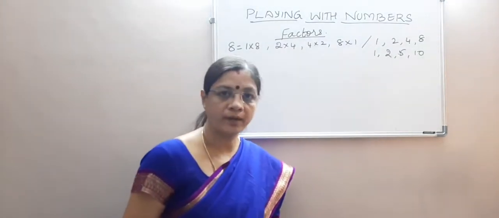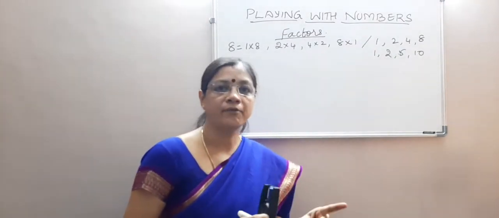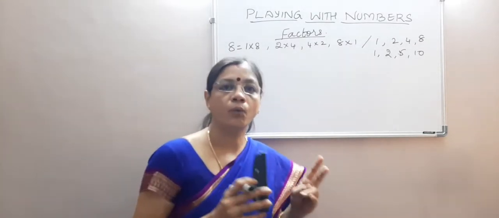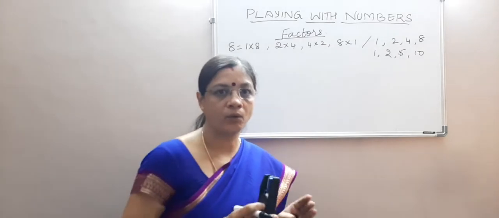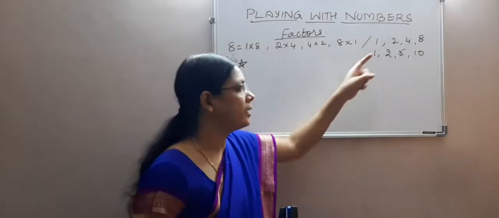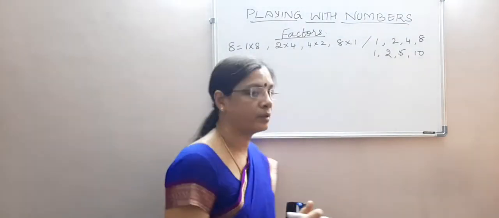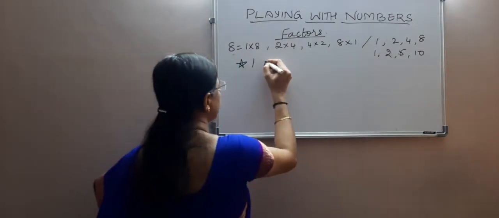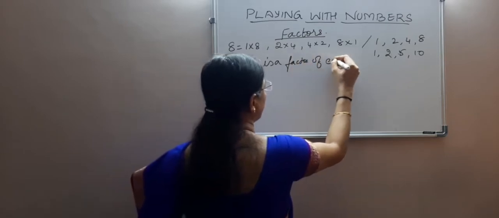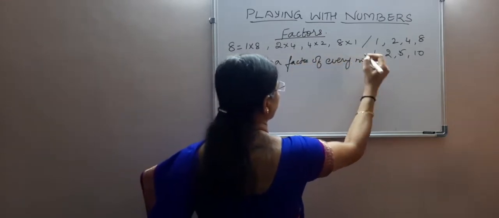So from this, what do we understand? 1 is a factor of every number. I can represent 1 into that number to get the same number, isn't it? So the first thing we find out is that 1 is a factor of every number.